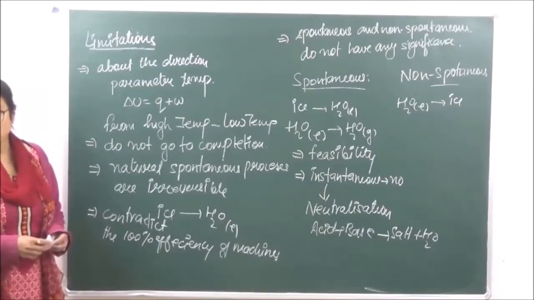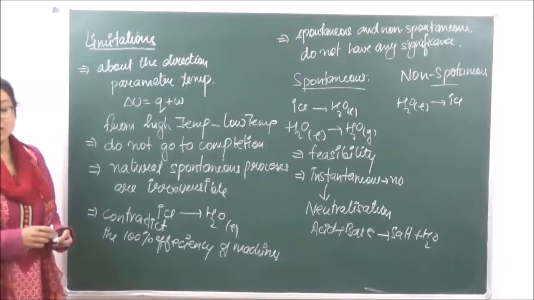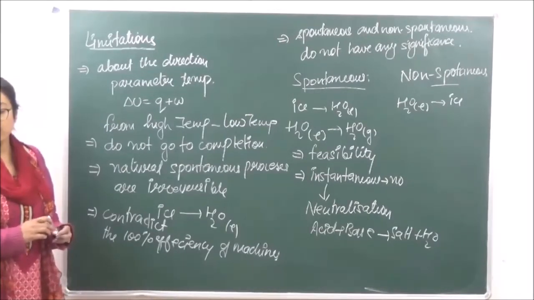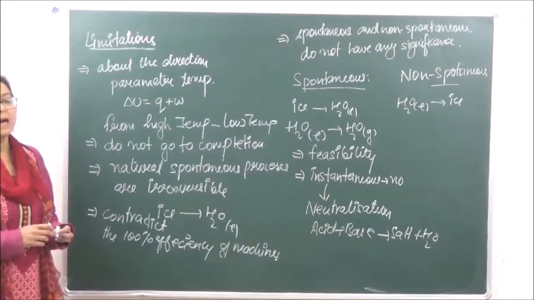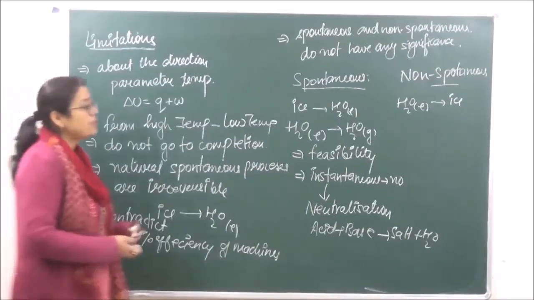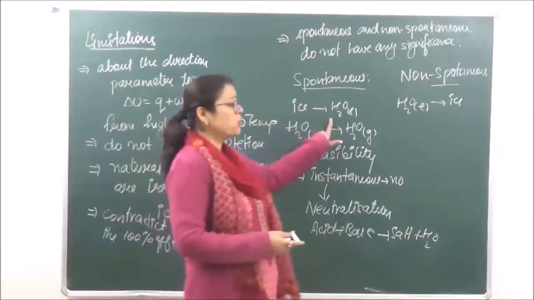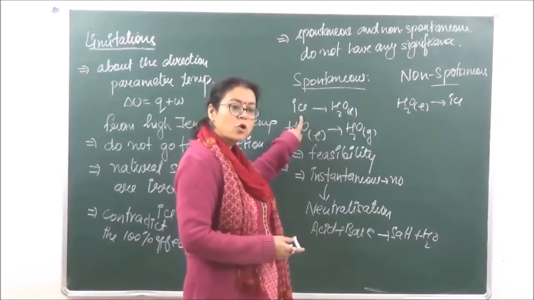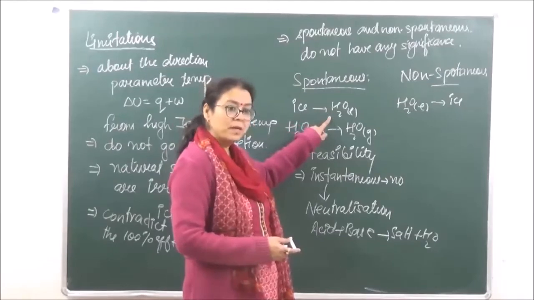Now all natural processes which are spontaneous follow a non-equilibrium path and as such are irreversible. So all spontaneous processes are going to be irreversible, which means that ice to water is spontaneous, but water to ice is non-spontaneous. So this process is going to be irreversible.